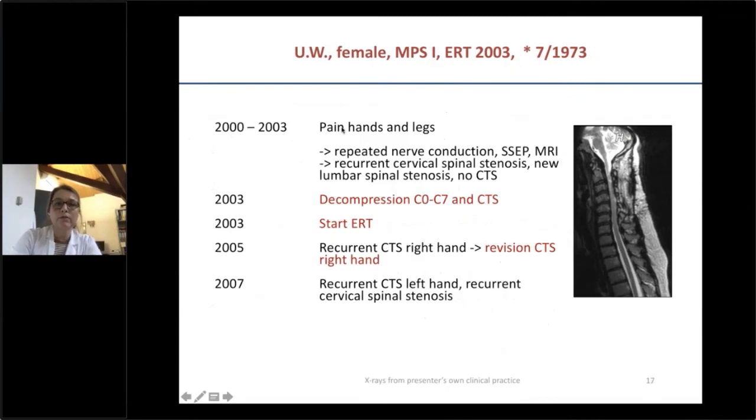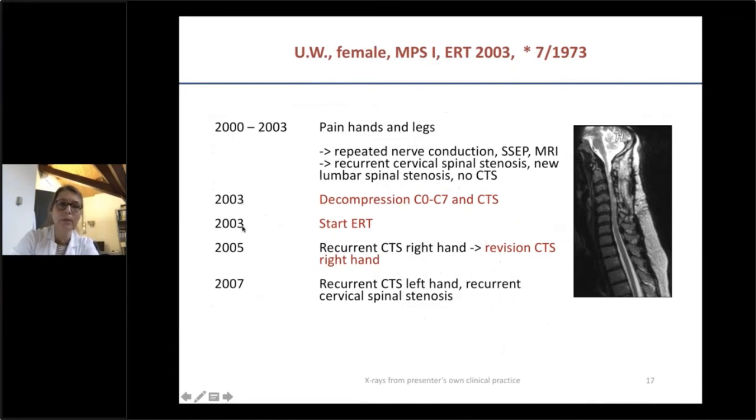In 2003, there was the first recurrence of the spinal stenosis. You see over here the tissue aggravation due to the surgery and the spinal stenosis, which occurred again. And there was again a decompression of the spinal stenosis, but also the carpal tunnel had relapsed again in terms of pressure on the median nerve.